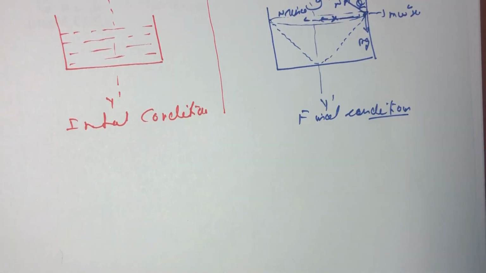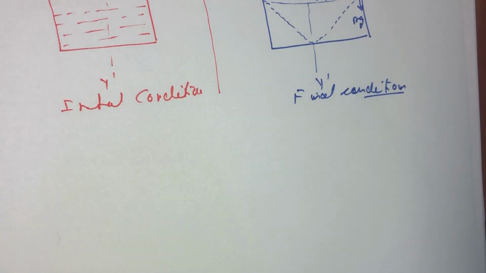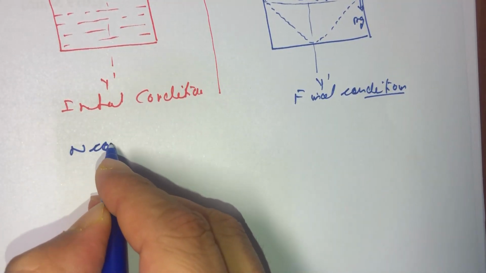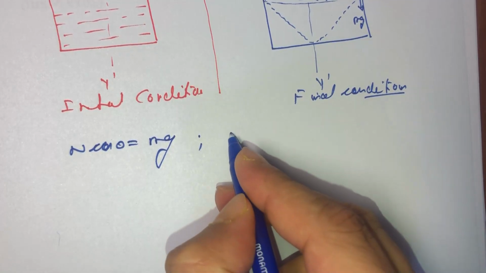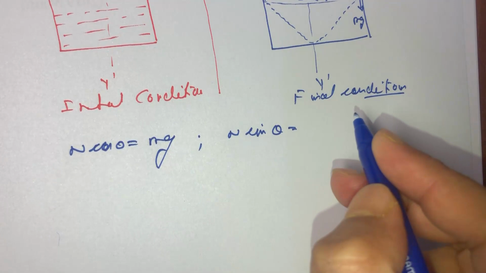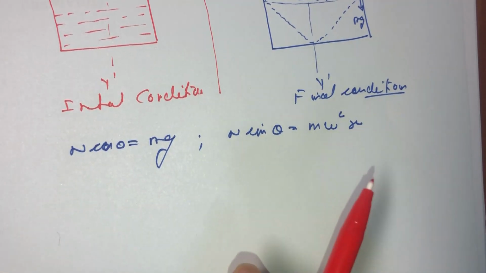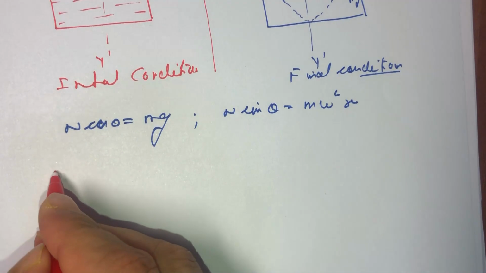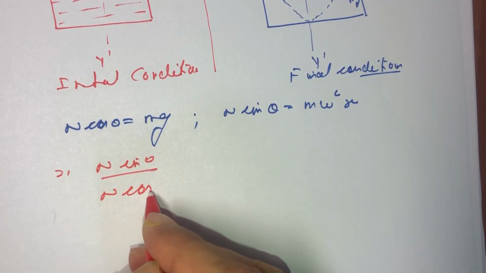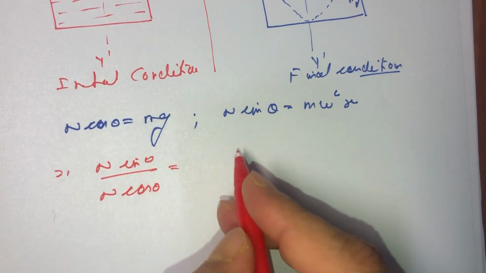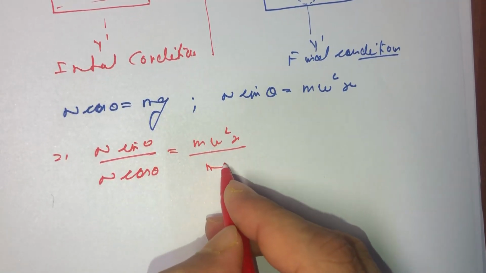So we can write the equations: N cos theta will be equal to mg, and N sin theta will be equal to m omega square x. If we divide these two equations, we get N sin theta divided by N cos theta equal to m omega square x divided by mg.